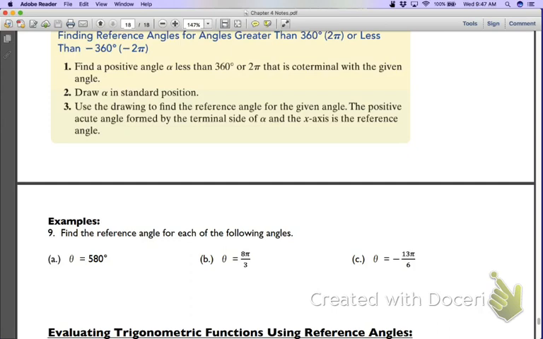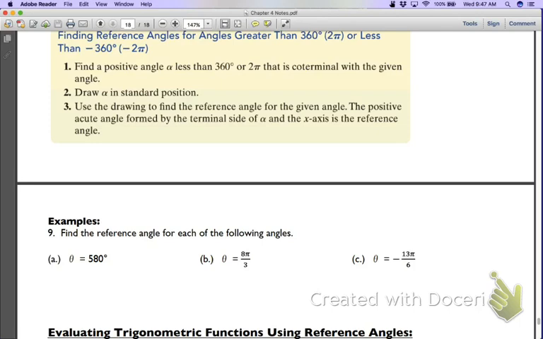So like if I have a 580 degree angle, I'm at least going around once and then I'm stopping. Remember, it's a circle, so if I go around, it doesn't matter if I go 1 revolution around or 7 revolutions around, or just part of an angle, I'm still going to end up at the same spot at some point.